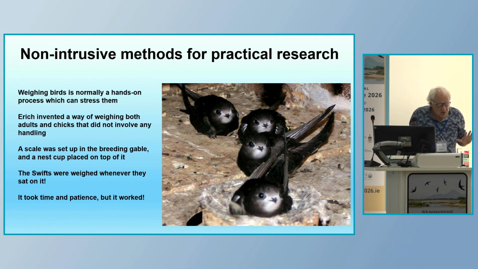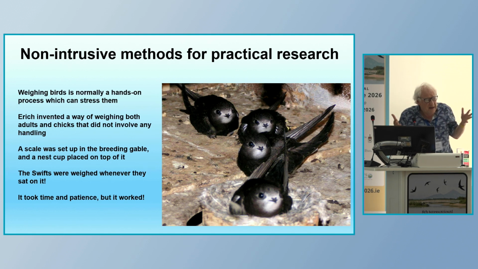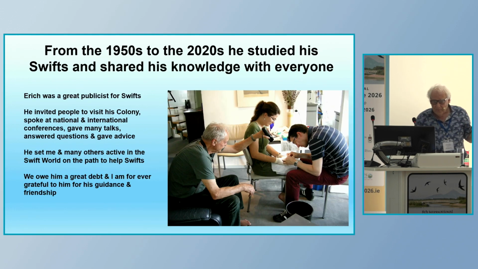So if you were patient, you could weigh the birds, rather than the normal method, which is grabbing the bird, stuffing it into a bag, hanging it on a scale, weighing it, getting it out of the bag, and then throwing it into the air, which is the normal way of weighing a wild bird, which is risky, causes trauma, might lose feathers, very unpleasant for the bird. But this way, it just steps onto the scale. Brilliant.